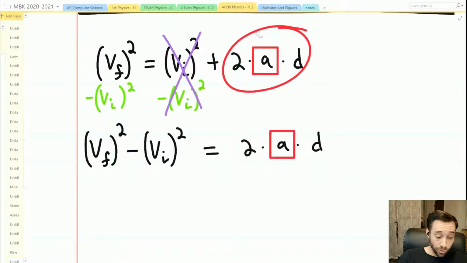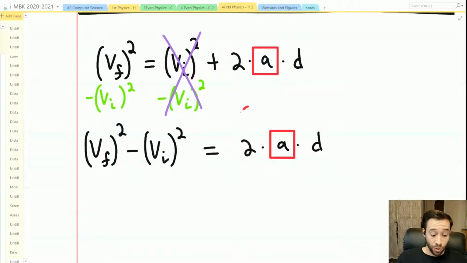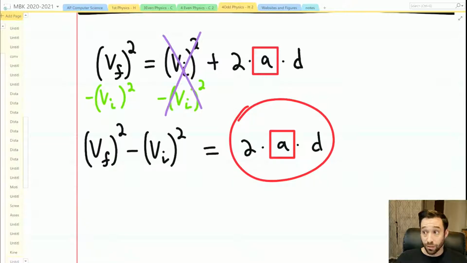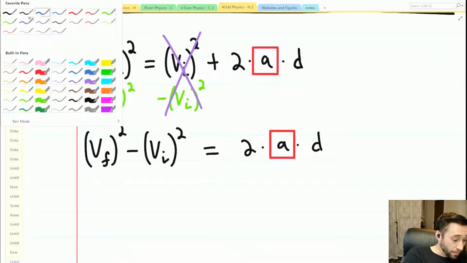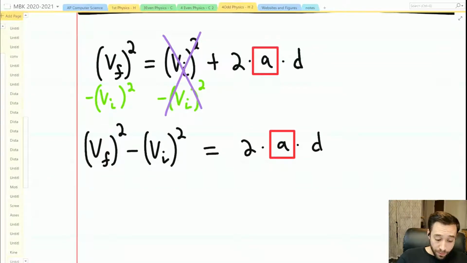So the only time you can multiply and divide is when you have a singular term on that side. Because I've got 2 multiplied by a multiplied by d, in order to get rid of the 2 and the d, I must divide by 2 times d.